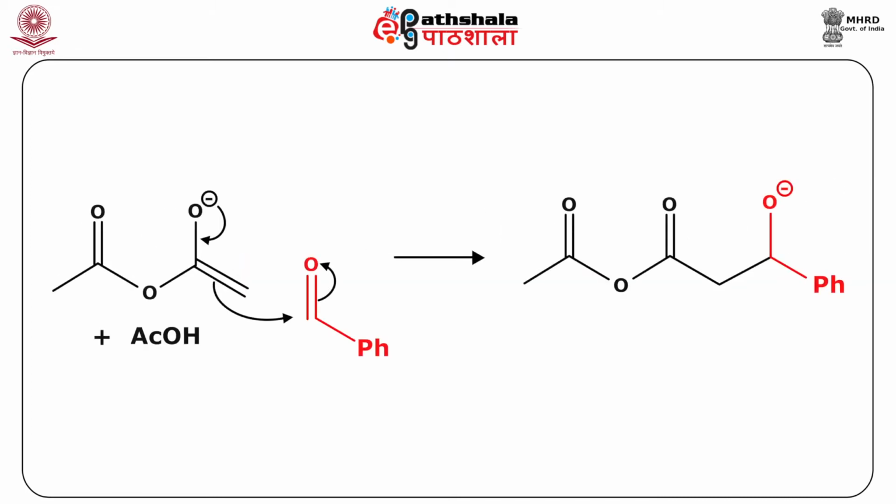After the enolate ion is formed, the next step is that the low equilibrium concentration of the enolate ion attacks as a nucleophile on the electrophilic carbonyl carbon of the benzaldehyde molecule. This results in the formation of a new carbon-carbon bond between these two molecules, as you can see here.